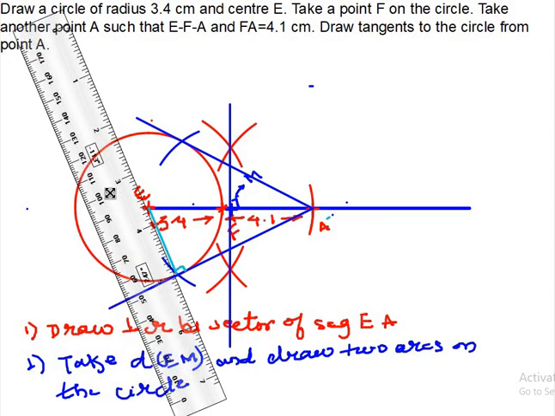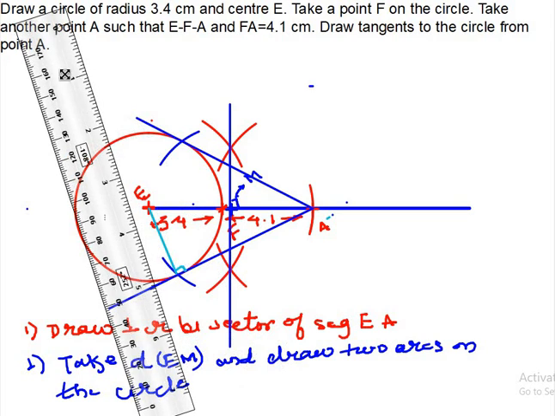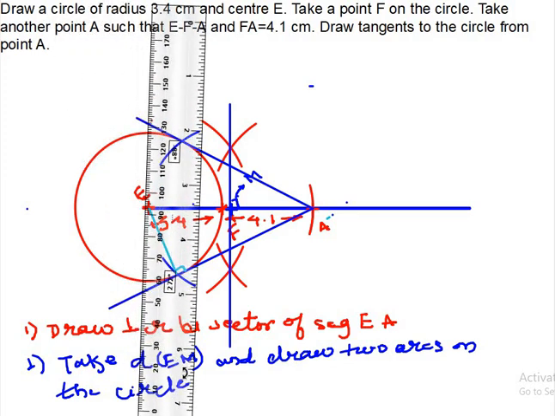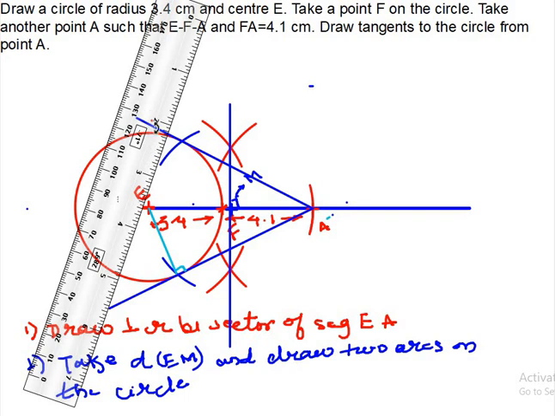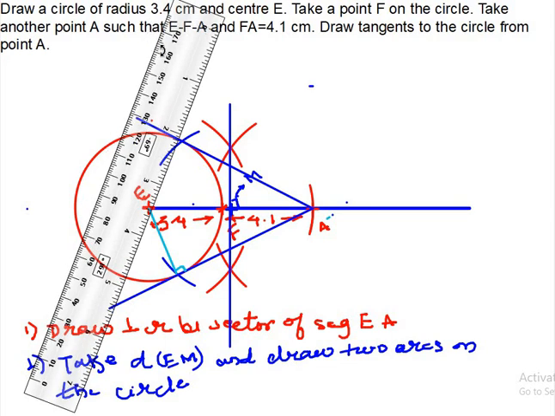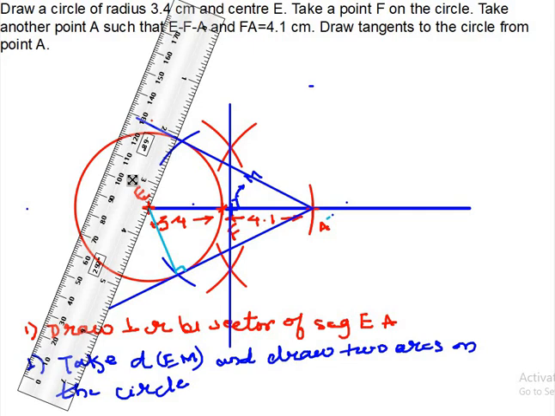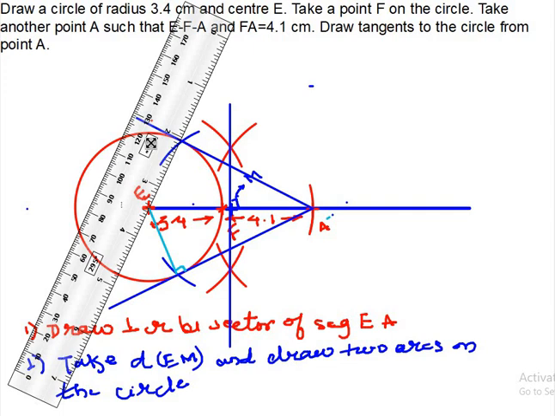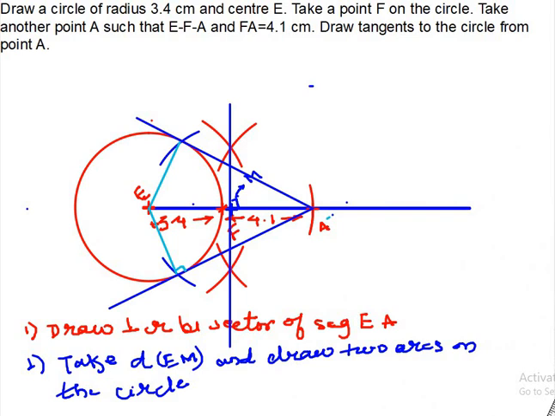In the same way you can join this other one also. This is the radius of the circle, and we can also see here that this is 90 degrees.